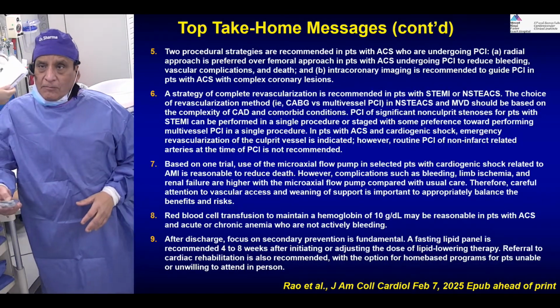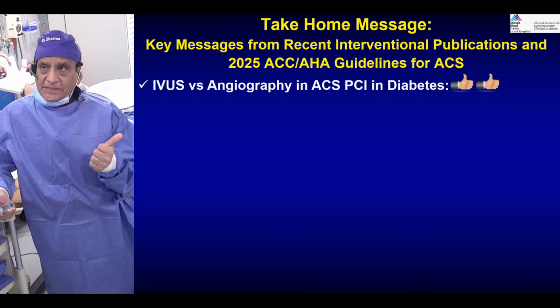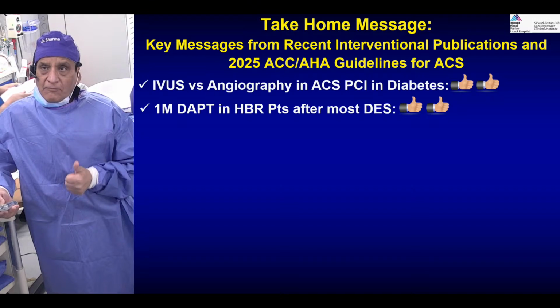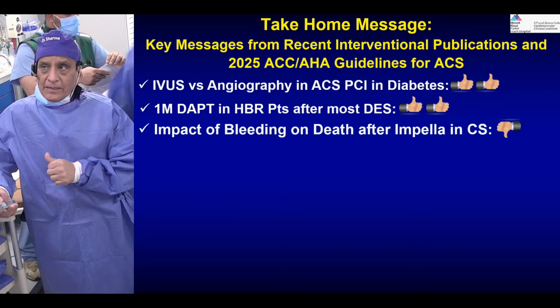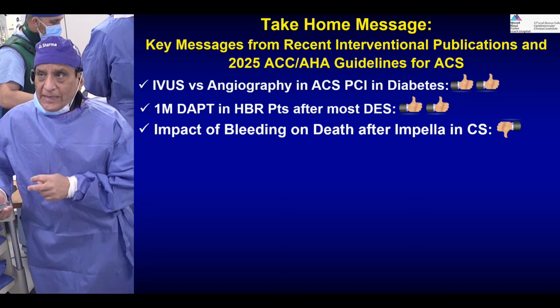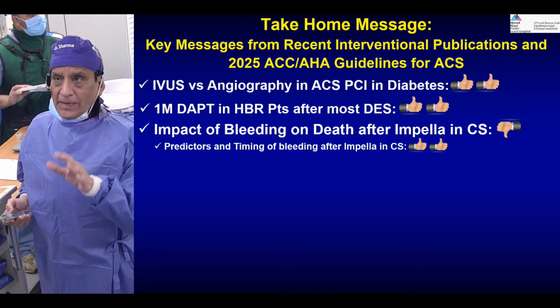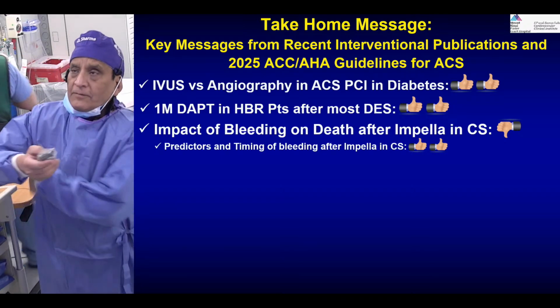So these are the take-home messages which I have put together. To sum it up: IVUS versus angiography in acute ACS PCI in diabetics, 2 thumbs up. 1 month DAPT in high bleeding risk patients after most DES clearly can be done. The impact of bleeding on death after Impella in cardiogenic shock is not there, but the predictors and timing of bleeding after Impella in cardiogenic shock from the DanGer Shock trial, we learned a lot.